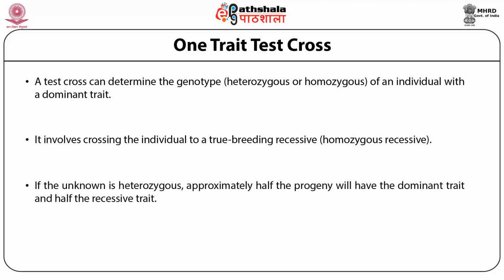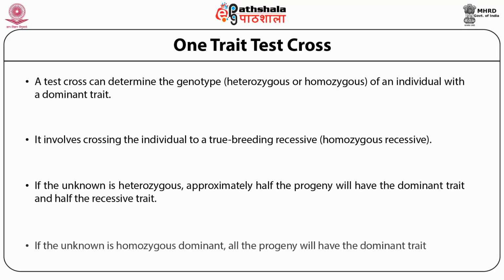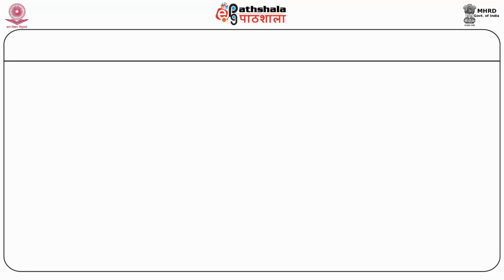If the unknown is heterozygous, approximately half the progeny will have the dominant trait and half the recessive trait. If the unknown is homozygous dominant, all the progeny will have the dominant trait. For further elaboration and better understanding of the one trait test cross, we have this image.